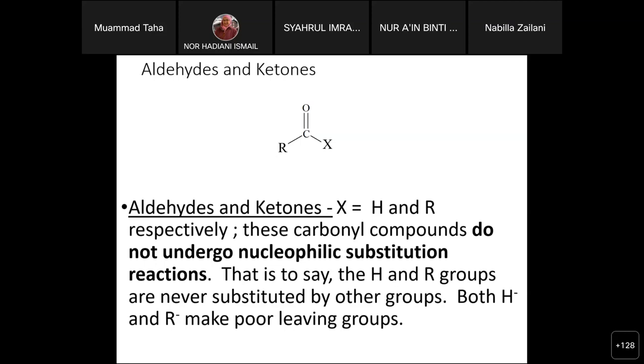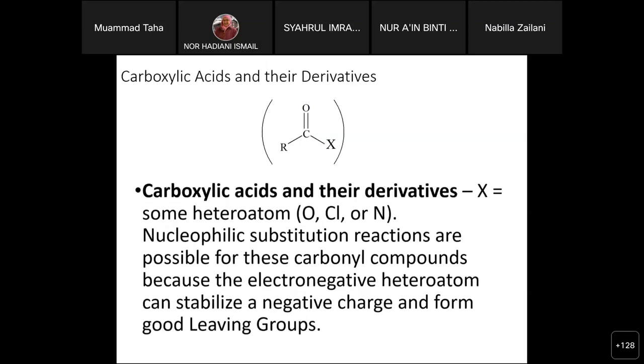Okay, next slide. So carboxylic acid and its derivatives with a heteroatom of oxygen, chlorine or nitrogen undergo nucleophilic substitution reactions. These are possible for these carbonyl compounds because the electronegative heteroatom can stabilize negative charge and form a good leaving group. Okay, we can see the examples.